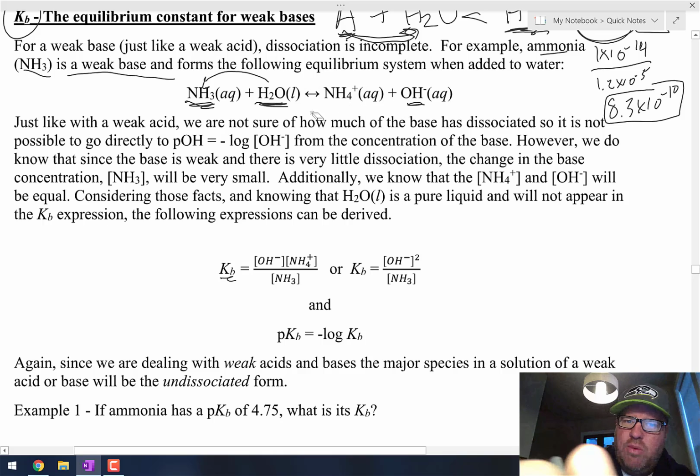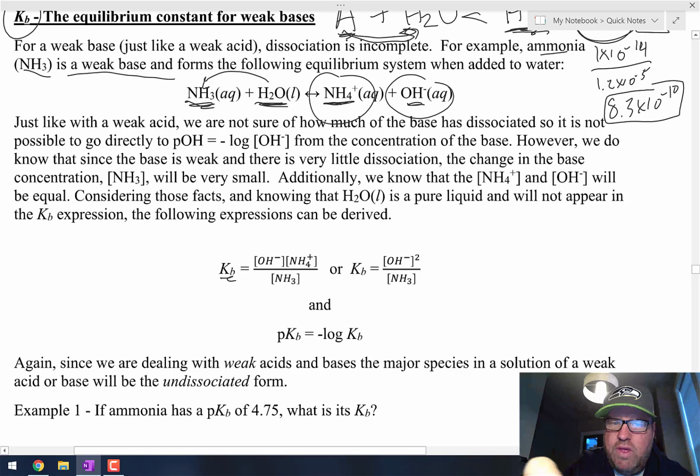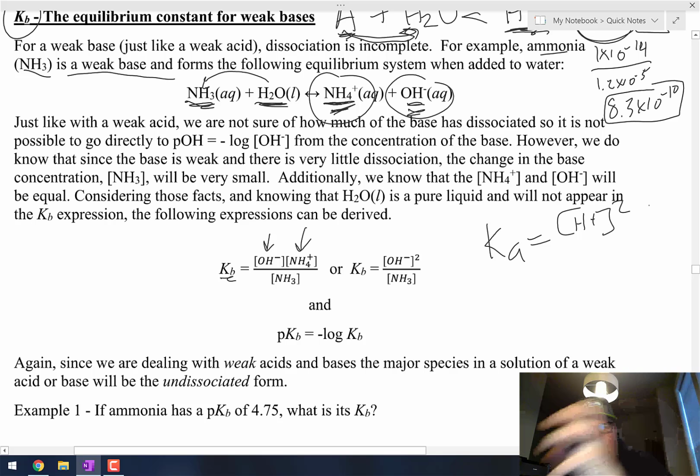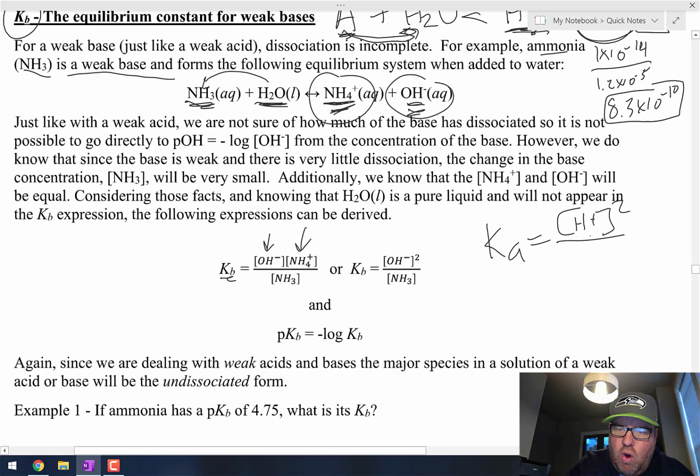Now, just like with a weak acid, the concentration of the conjugate acid and the conjugate base are going to equal each other. For every one NH4+ you get, you're going to get one OH minus. So just like when we did Ka and we said it's the hydrogen ion concentration squared, because the H plus is the same as the A minus, over the concentration of HA, same thing here.